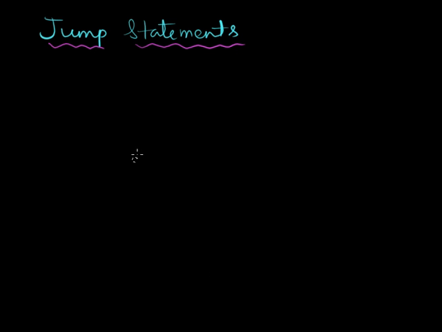Now the break statement we have just seen is nothing but a jump statement. It jumps the control out of something. So we have 3 types of jump statements actually supported by the C language. First is break, which we have seen. Another is continue.